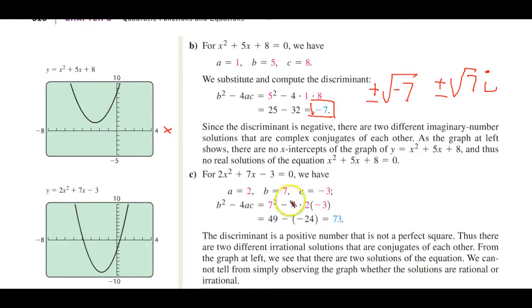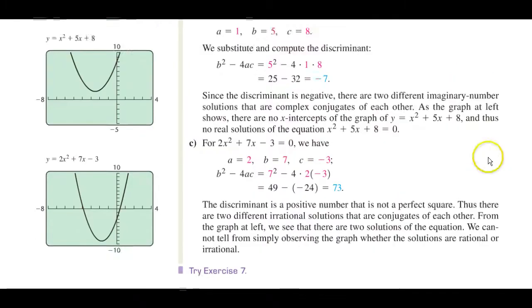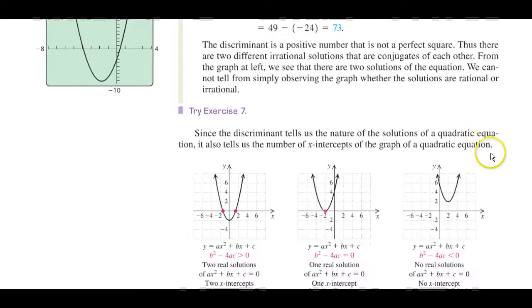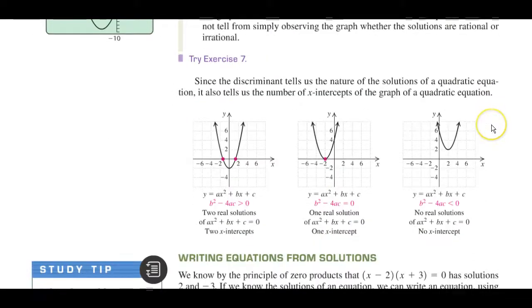Okay, and then for the last one, plugging those in, we get a 73. So the plus or minus the square root of 73. Here we're going to get two real solutions. Okay, that's a little summary of what's going on there when we use the discriminant, and you'll be practicing this.